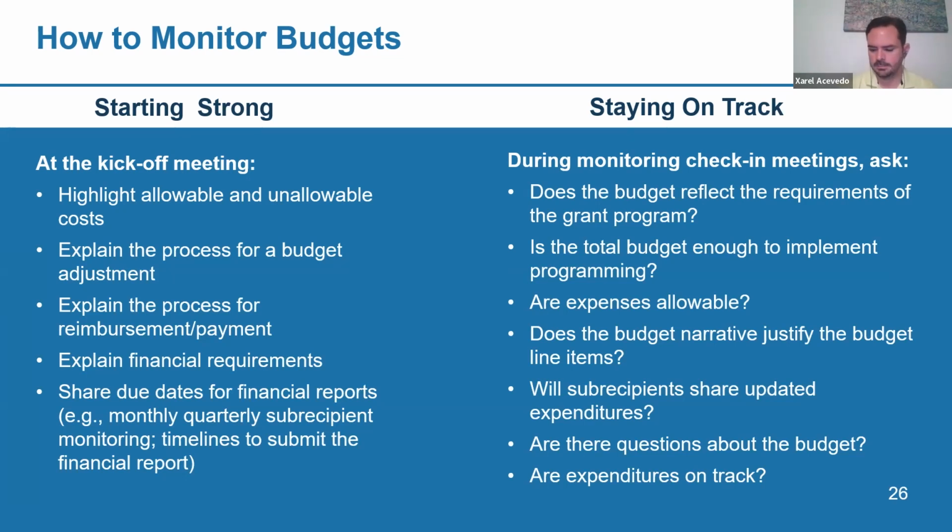Yeah, like we said, there could be line items that are no longer applicable to what the program is. Okay. And then lastly, are expenditures on track? I think this goes back to what I said earlier. Monitor the progress. Okay.